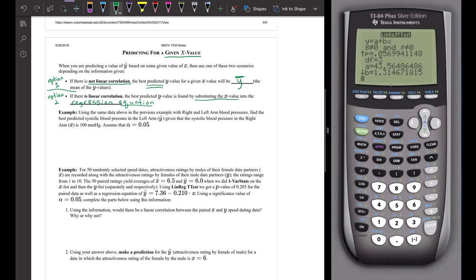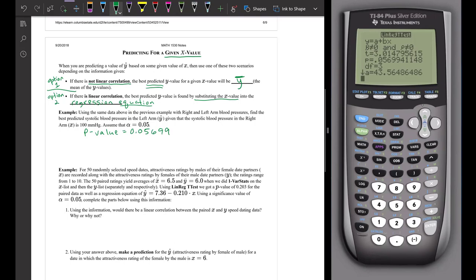Now, on that previous problem, you can see we still have it up on LinReg t-test right here, over on the side. But we saw that the p-value for those 100 arm pressures was 0.05699 right there. Okay. Well, that is larger than 0.05.